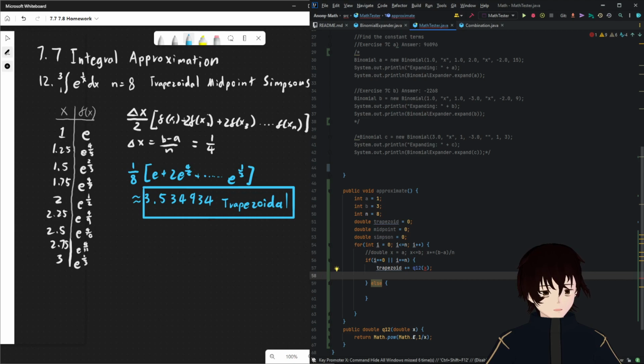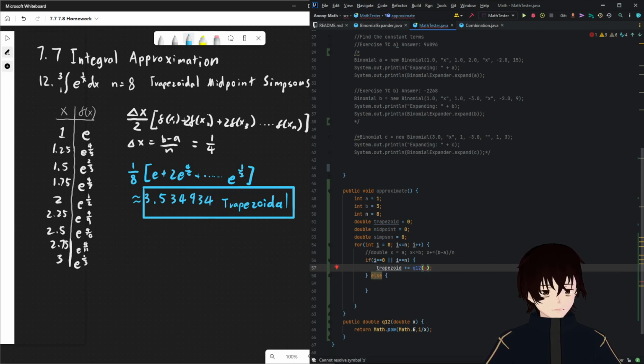So if I is 0 or I equals n, we could have x be equal to a plus (b minus a) over n times I.